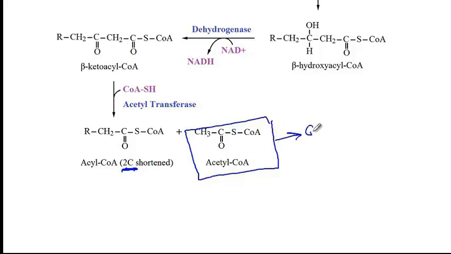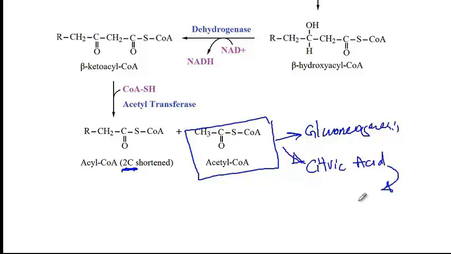It can undergo gluconeogenesis, or it can undergo citric acid cycle and electron transport chain in order to produce more adenosine triphosphate.